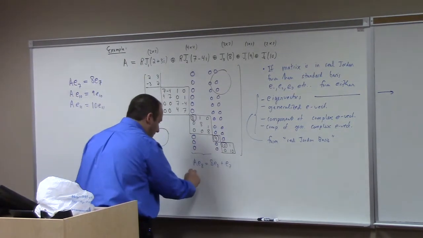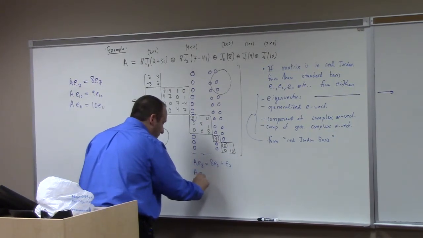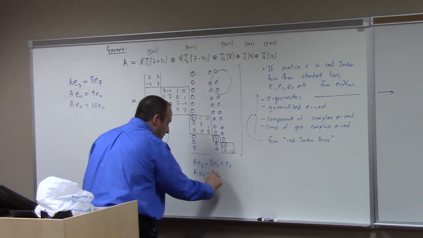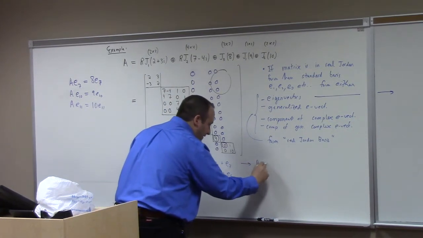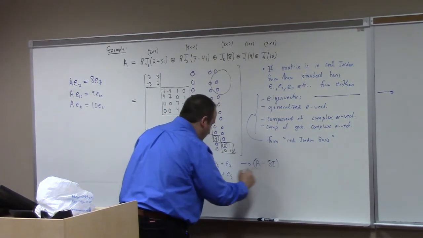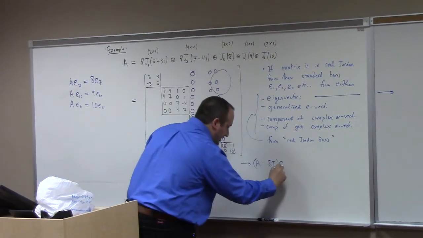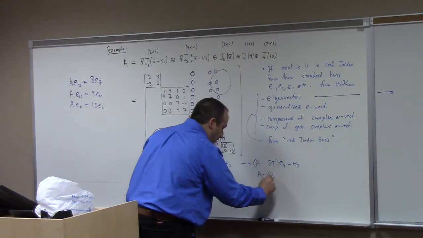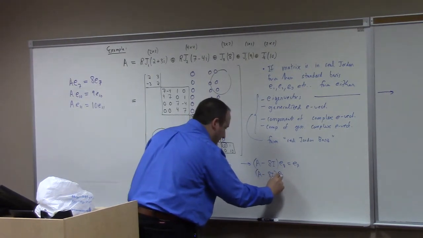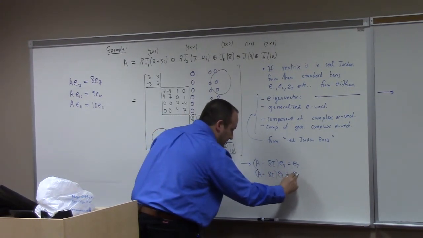And from that, I can get that A E9 is equal to 8E9 plus E8, which is to say that A minus 8I times E8 is equal to E7, and A minus 8I times E9 is equal to E8.